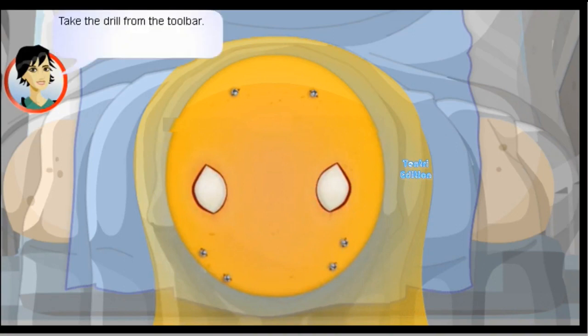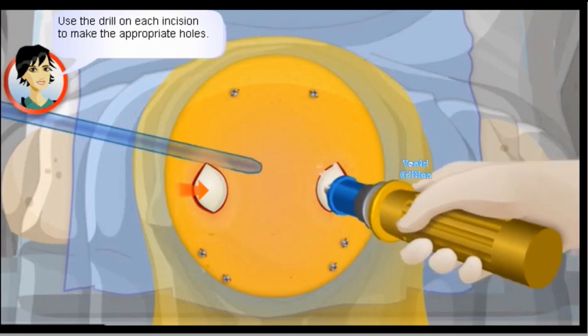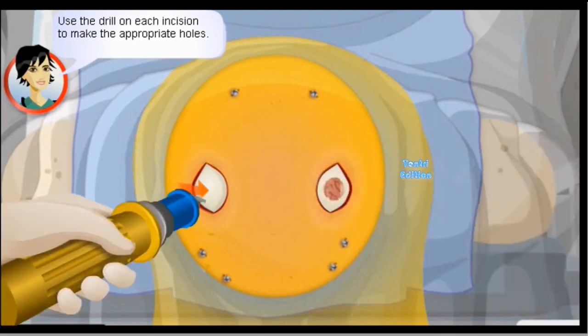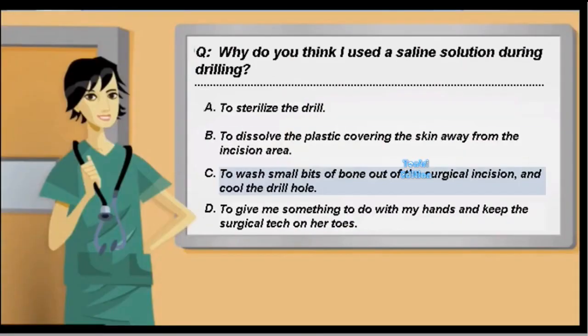Take the drill and make 2 holes in the skull to expose our patient's brain. I'll use saline to wash the area while you're drilling. Why do you think I used a saline solution during drilling?